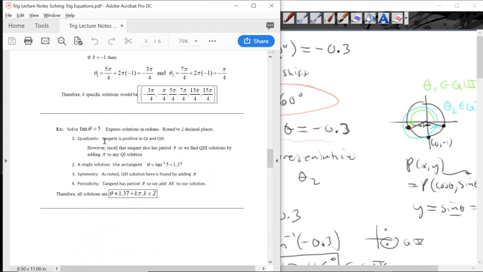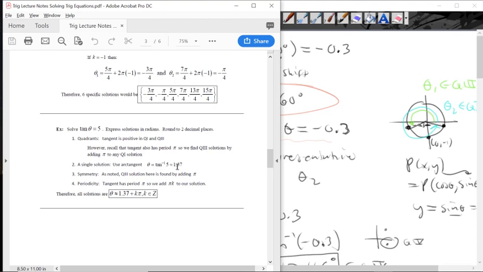For the tangent, just recall that the tangent has a period of pi, not 2 pi. So for the tangent, you can find the initial solution by using the arctangent function. You should note what quadrants your solutions would be in.